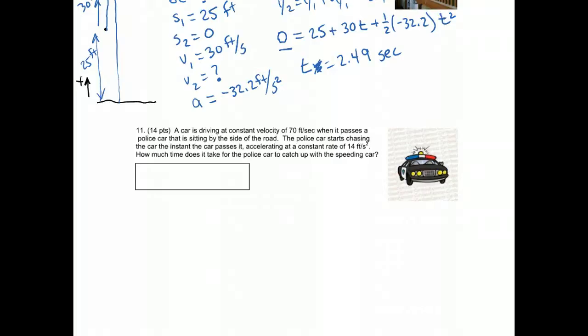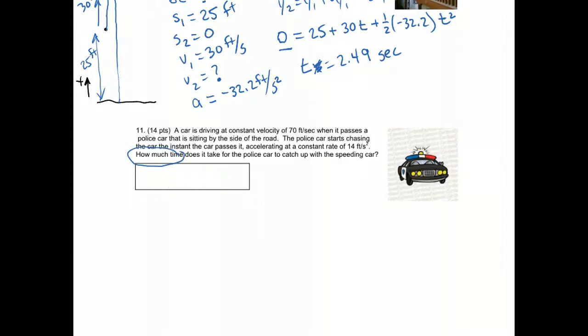We've got two things moving. When they pass each other, that's when we start the problem, and when they catch up, that's when the problem ends, and we want how much time, so we're looking for a time here.